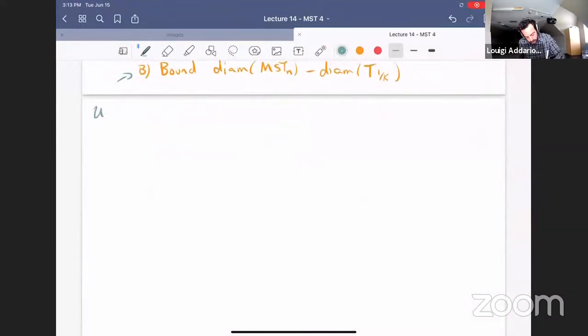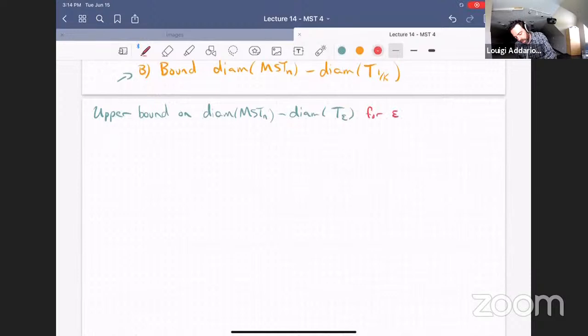So that's proving an upper bound on the diameter of the minimum spanning tree minus the diameter of T epsilon. And here I'm thinking now of, so epsilon is my 1 over K. So that's for epsilon fixed, and you can think of it as small.